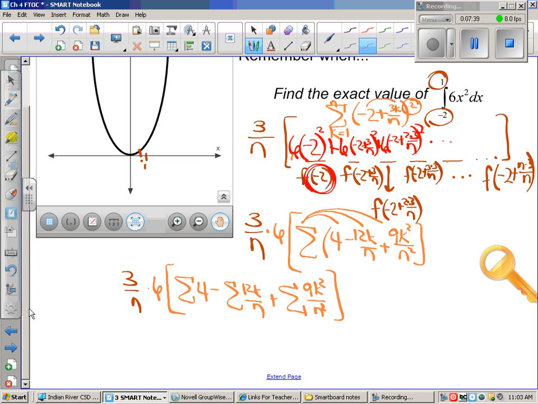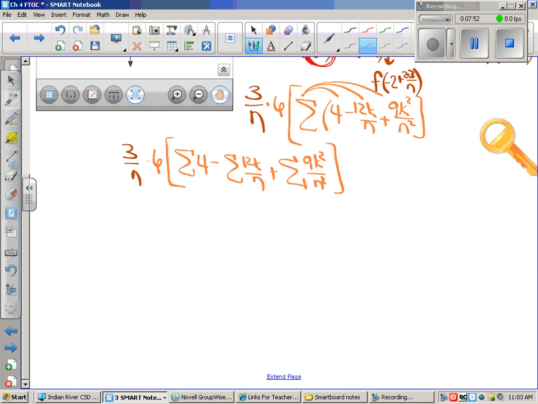Does anybody have any thoughts as to where we go from here? What do we do next? Everything that we wrote down about that key. Exactly. We're going to plug those in. And since you have them written down, I'm going to use that. So are we all okay that this is 18 over n out in front now? Is everybody okay? All right. So what I have then is this is 4 times the summation of 1.